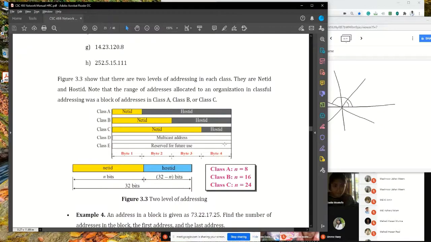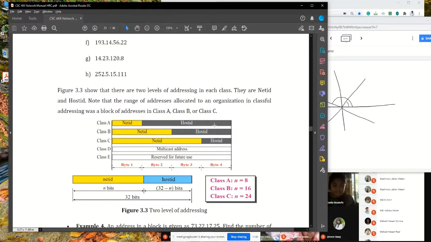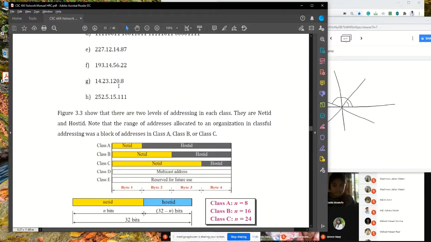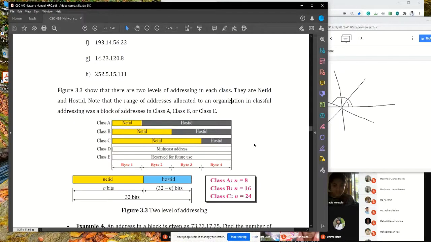Another thing we have discussed earlier is the network portion and the host portion of any IP address. Any valid IP address can have two different parts. One is the network portion, another is the host portion.